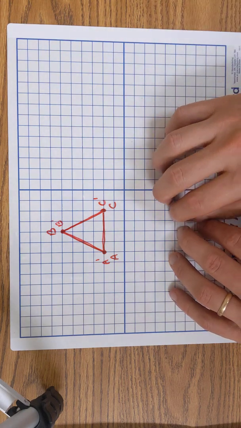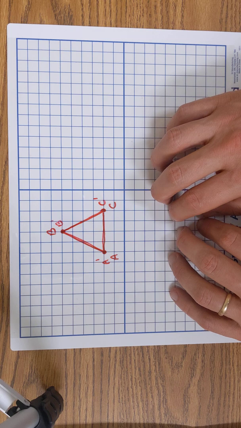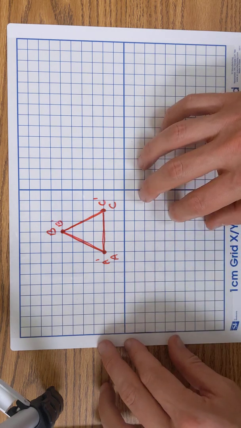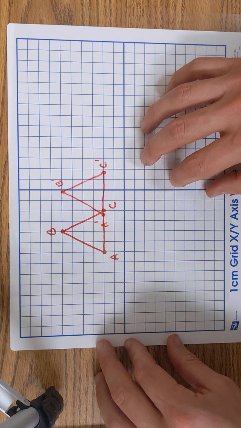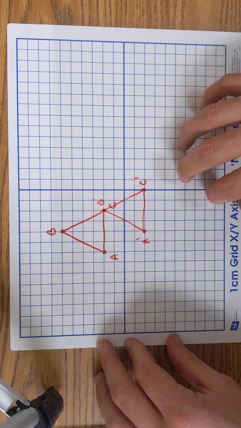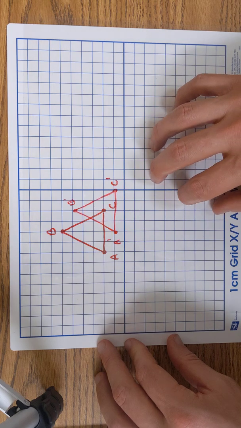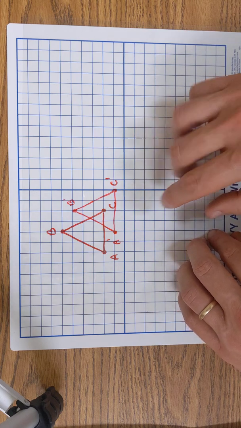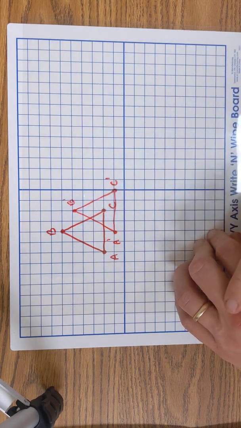Now, if I wanted to do a translation, AKA a slide, I can move to the right, I can move down, I can move to the left, I can move up, and no matter what I do, I'm going to end with two congruent triangles, because a slide or a translation is a rigid transformation.